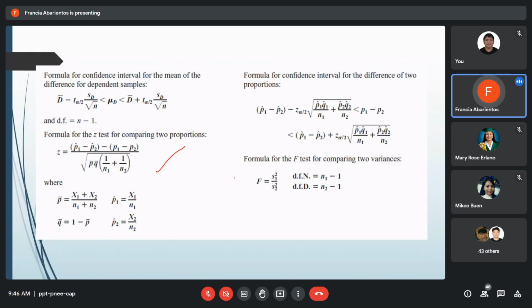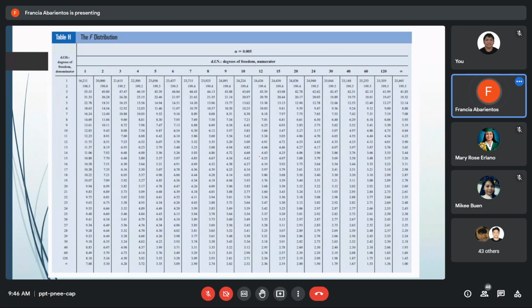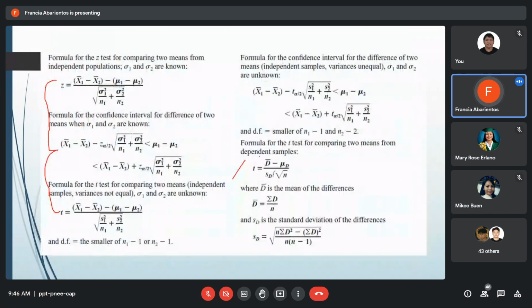And last but not least, the f-test when we compare two variances. Confidence intervals are just to double check your answer on whether you reject or do not reject the hypothesis.